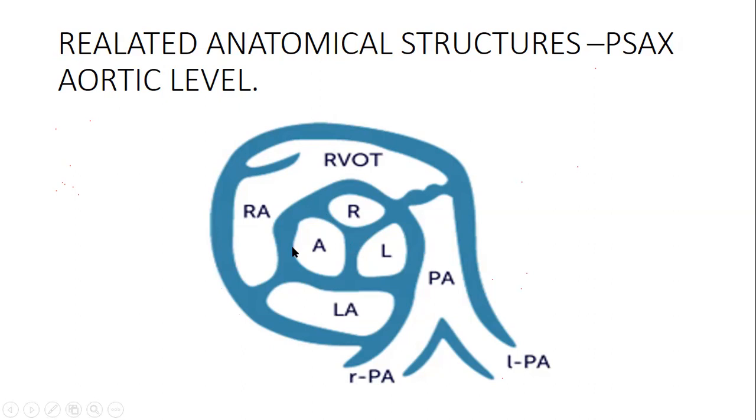So on top there, you're going to have this whole structure you are seeing here. It's the aortic root. Now, the aortic root has got 3 cusps, the right and the left cusps and the non-coronary.